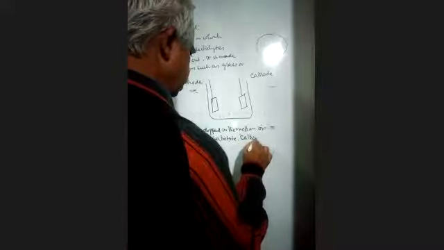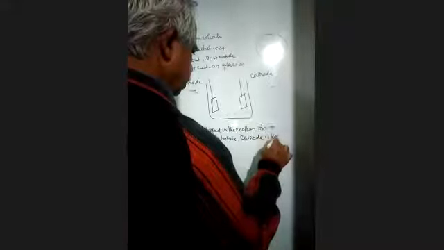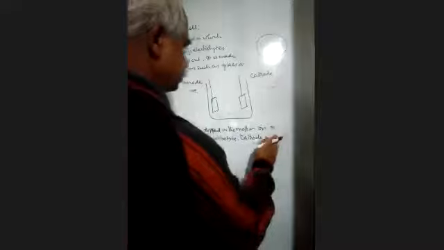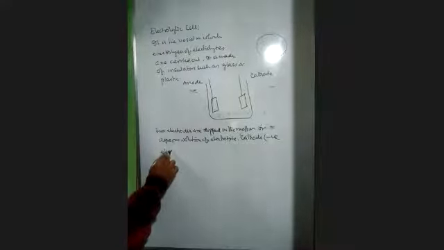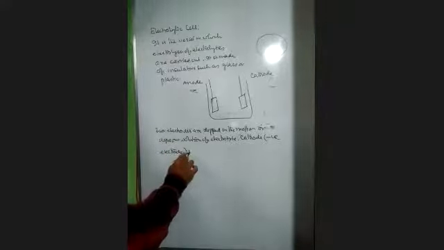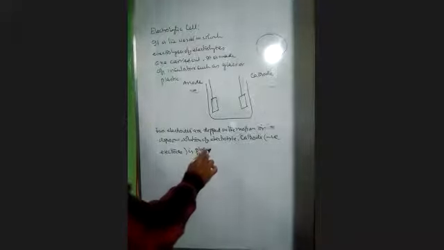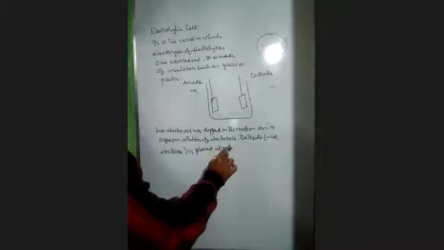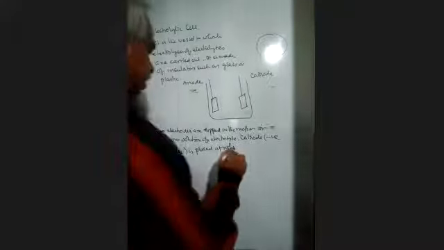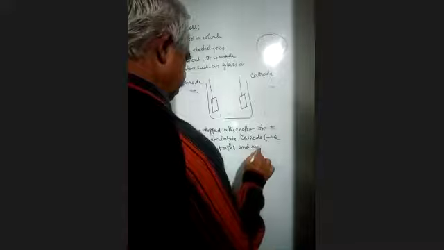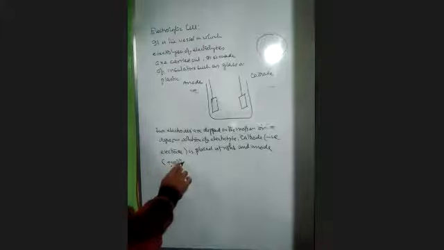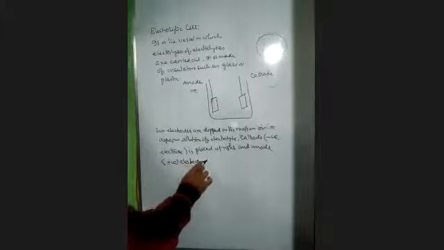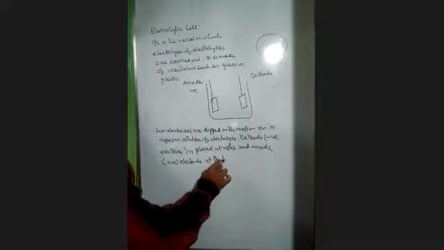The cathode, the negative electrode, is placed at the right, and the anode, the positive electrode, at the left.